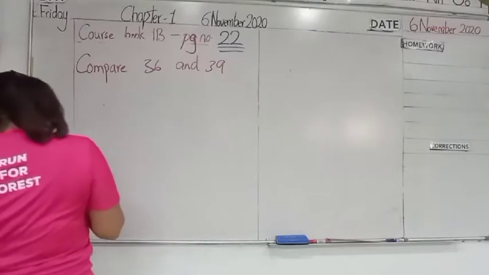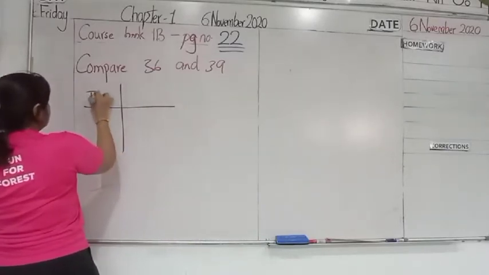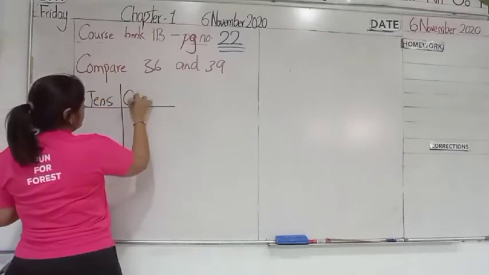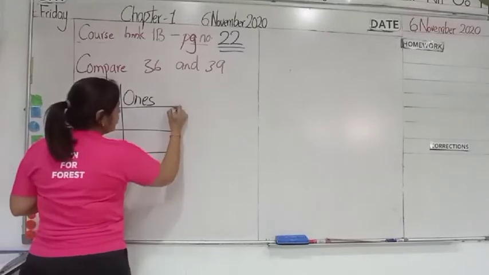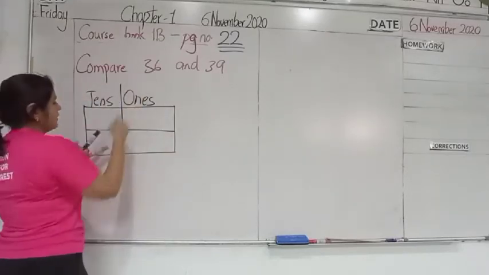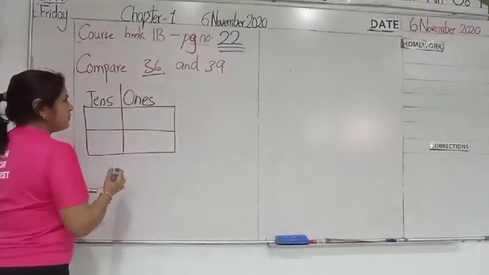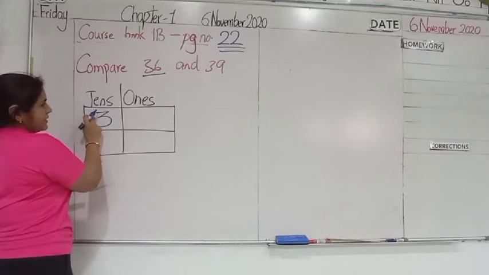Now they are tricking you, be very careful. They gave you a tens and ones table which is empty. They want you to fill up the tens and ones table. I'm going to write 36 first. Write with me. 3 in tens place.